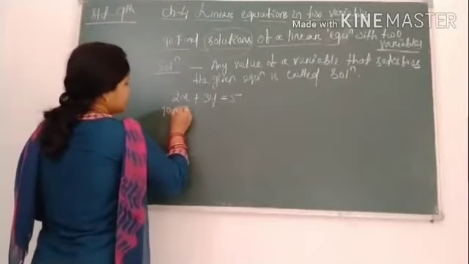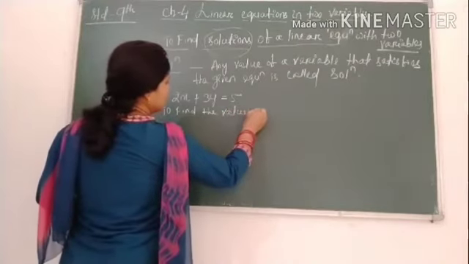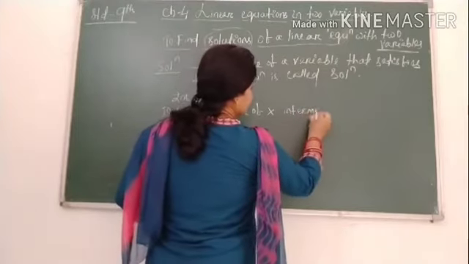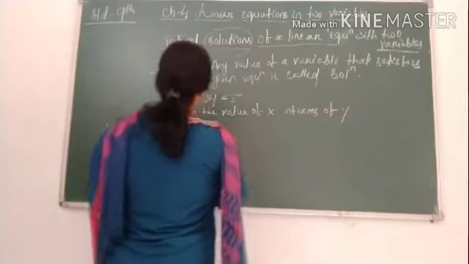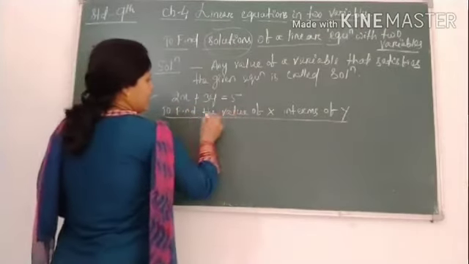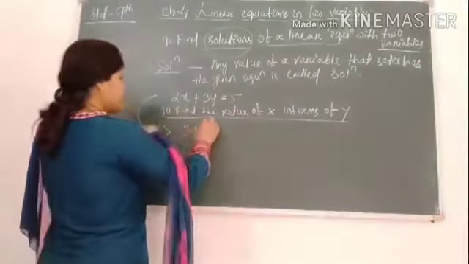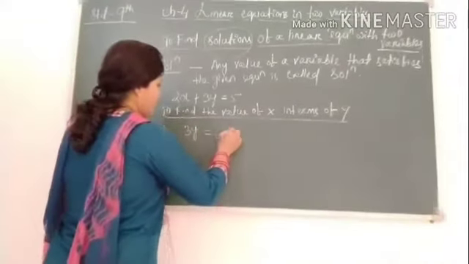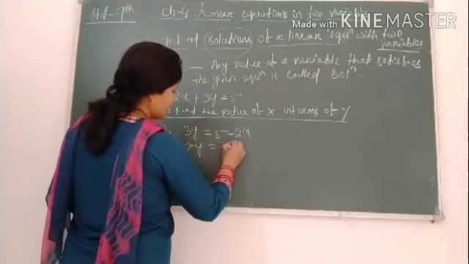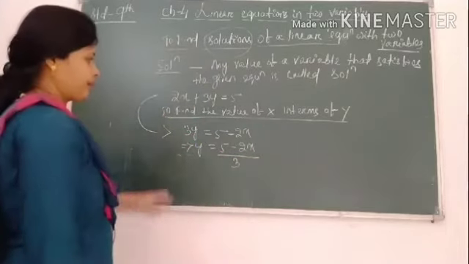So my equation becomes 3y is equal to 5 minus 2x, and y is equal to 5 minus 2x divided by 3. Got it?